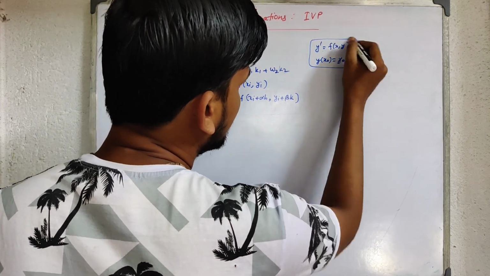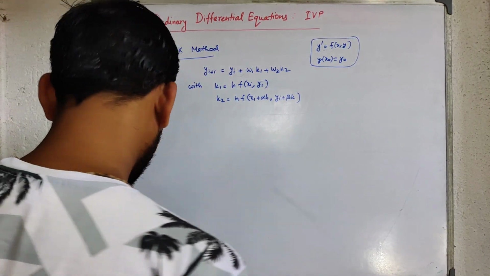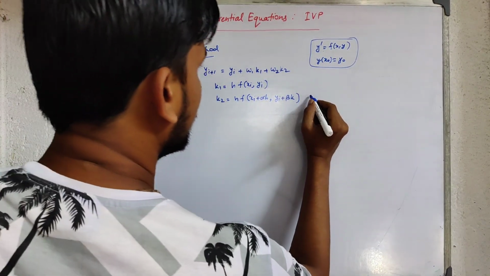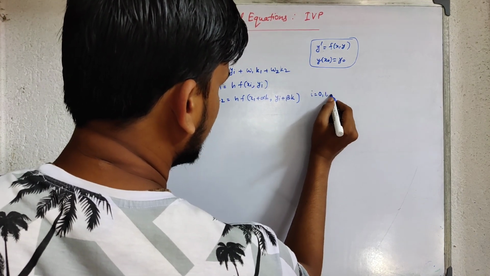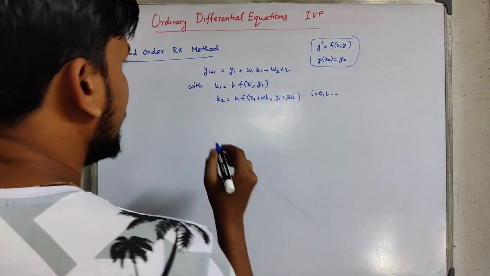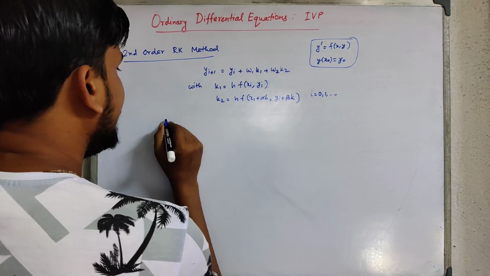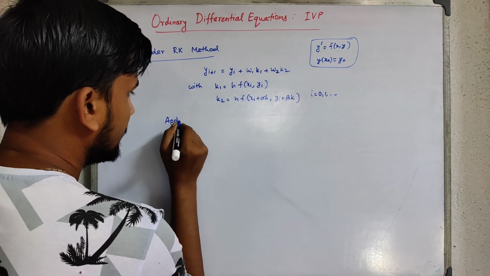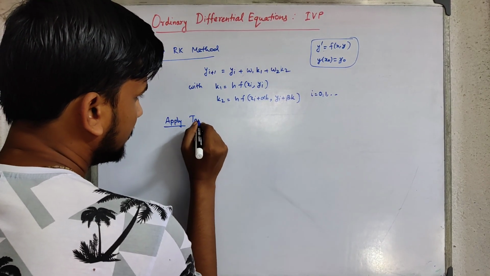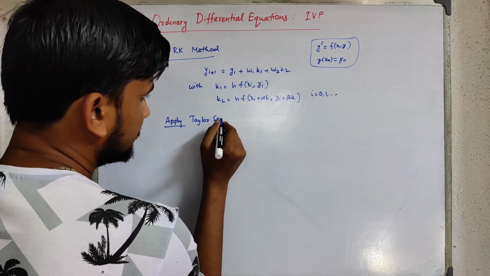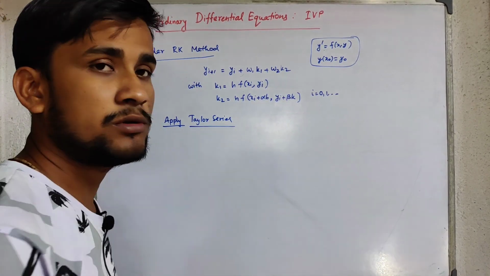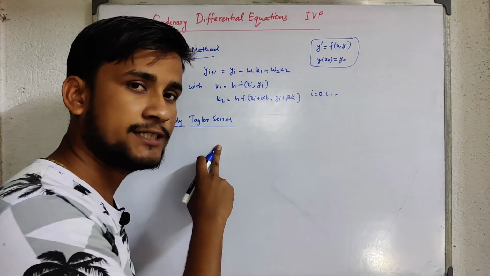This is the differential equation you have to solve using these types of methods, where i equals 0, 1 and so on. From here we apply the Taylor series method, but I am not going to go into detail on the Taylor series here.